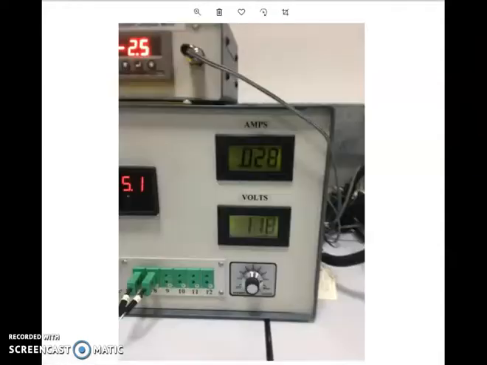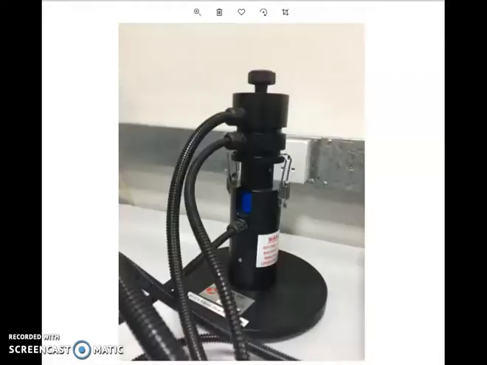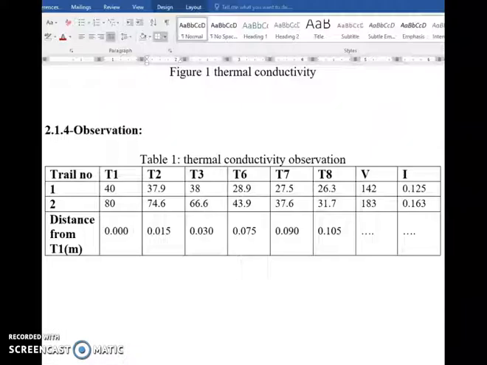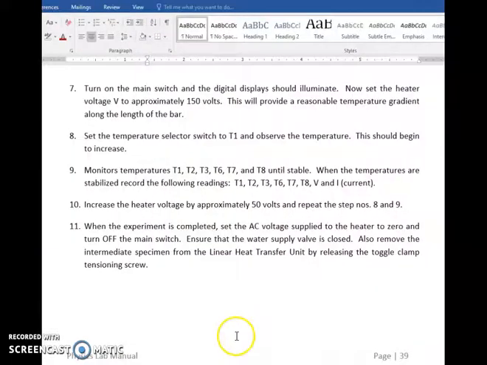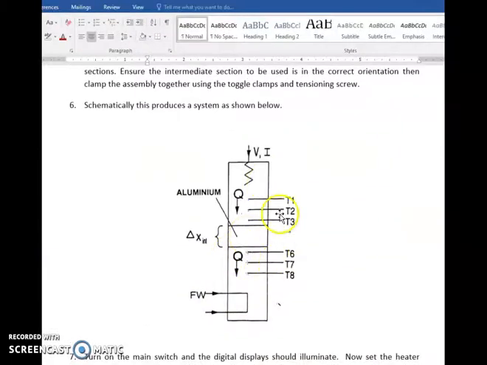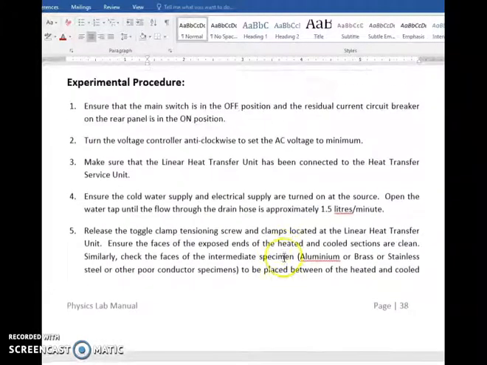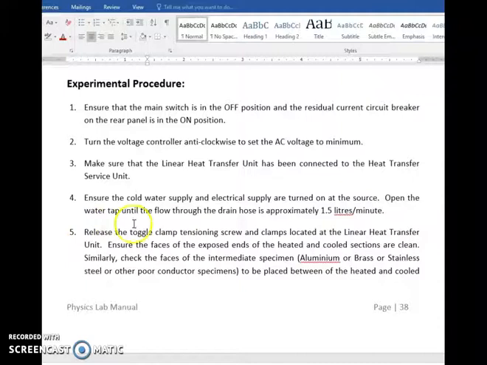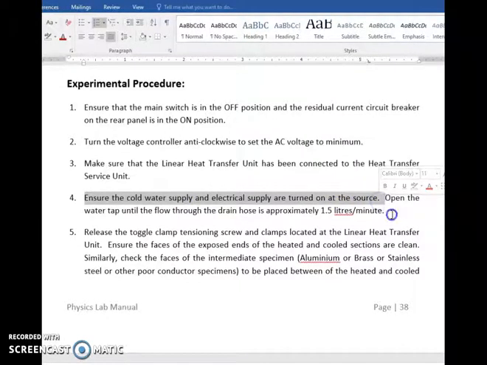Let us try to find out how these values are going to change. Here you can see T1, T2, T3, T6, T7, T8. Ensure the cold water supply and the electrical supply are turned on at the source.